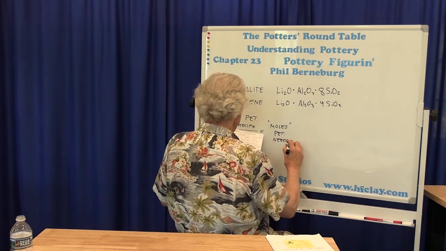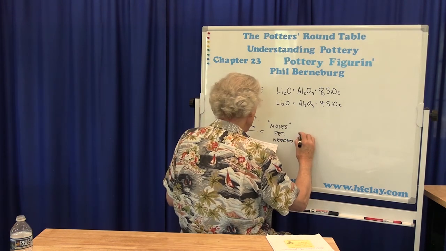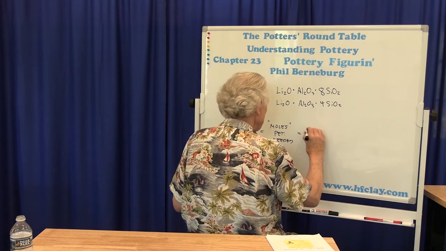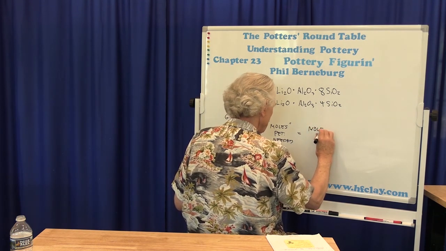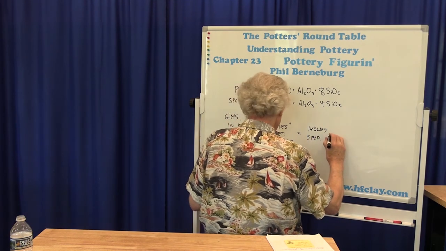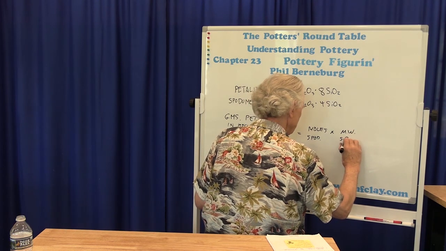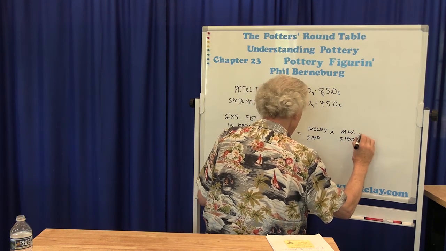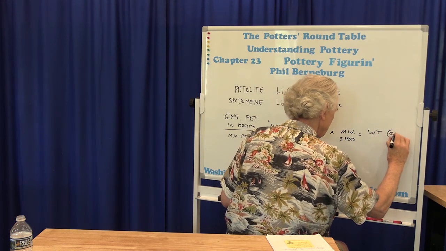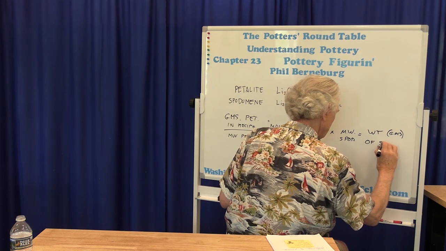So the number of moles of petalite is going to be the same as the number of moles of spodumene. Moles of spodumene times the molecular weight of spodumene is going to give me the weight in grams of spodumene that I need.